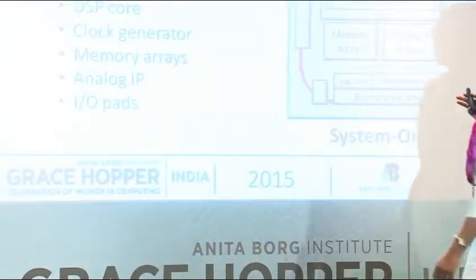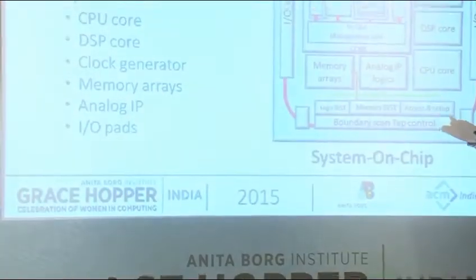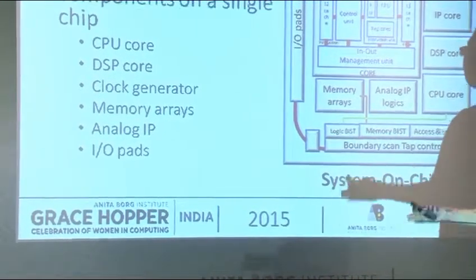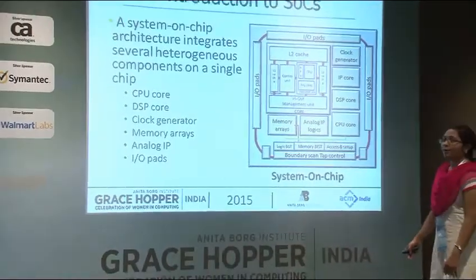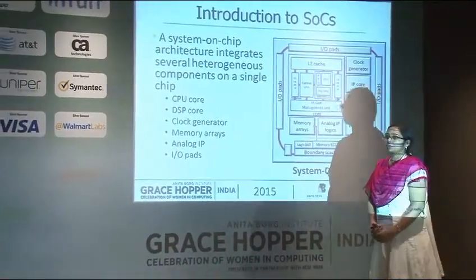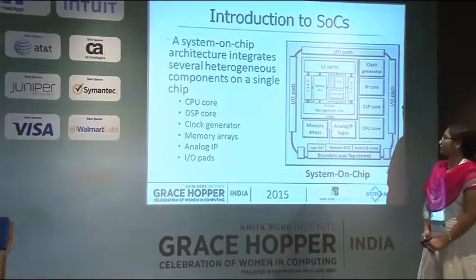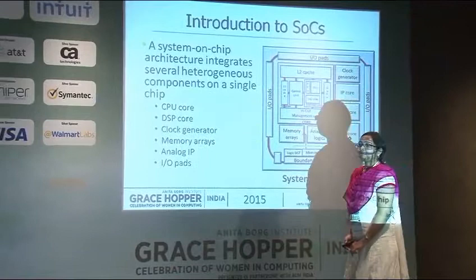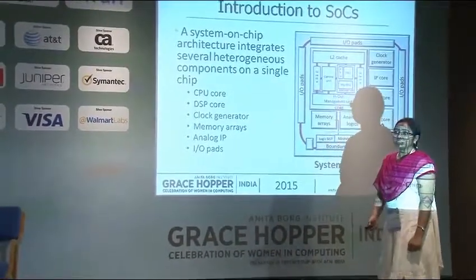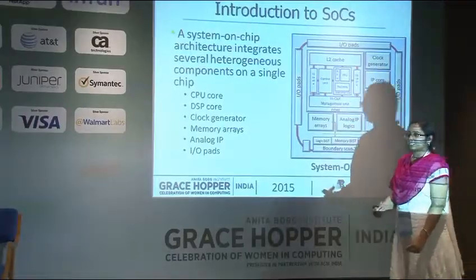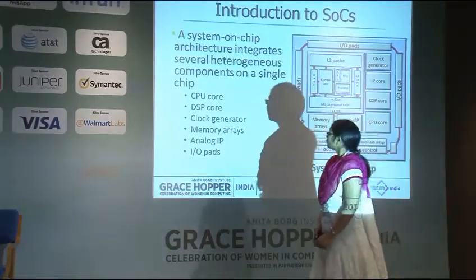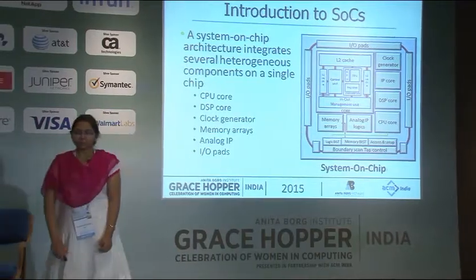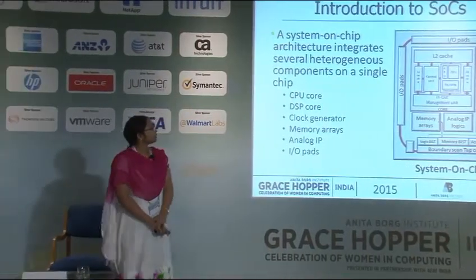Then memories are generally required to store the data which needs to be executed in the cores, and analog and digital IPs will be used to do analog and digital operations. Apart from that, I/O pads will be there for user interface. Suppose if I give some input, it has to take the instruction and execute, right? To that, I/O pads are provided for what input should be given to the SOC. So we have seen SOC.